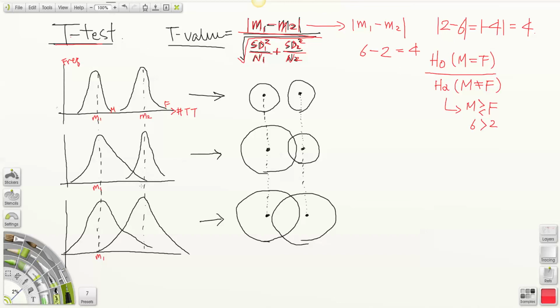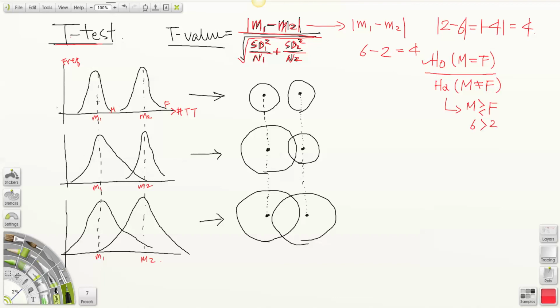So these are the second subsample's mean. You already know that these overlaps are the ones that are going to make it hard to make a decision on the null hypothesis, because the larger these overlaps are, the tougher it is to reject the null hypothesis. And this overlap comes from this dispersion, because again, across these scenarios, the means are the same.